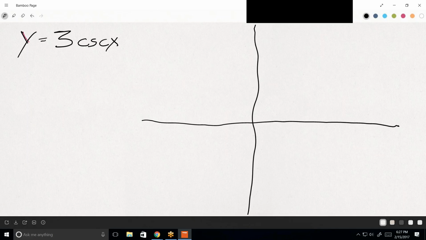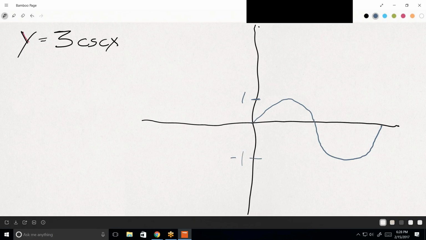Cosecant's reciprocal of what? Sine. So it's got to sit on top of the sine. Just in light blue here, I'm going to draw a sine curve. It's just a regular sine curve. So that would go from 1 to -1.